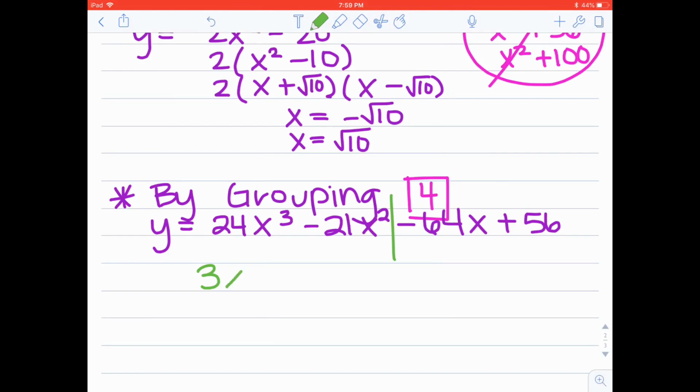So I'm going to write 3x squared, and then I'm going to put my leftovers. 24 divided by 3 is 8. X to the third, take out an x squared, that leaves me with an x. 21 divided by 3 is 7. I have an x squared, but I took it out. Okay, so this is my new first term.